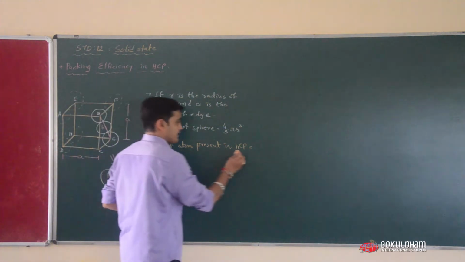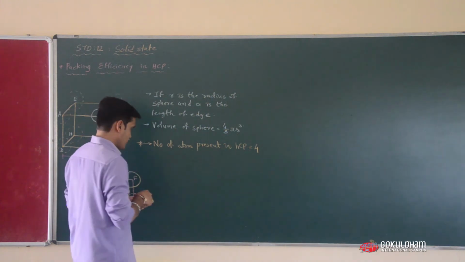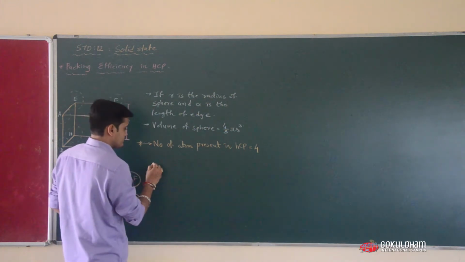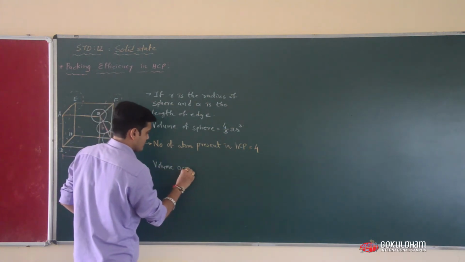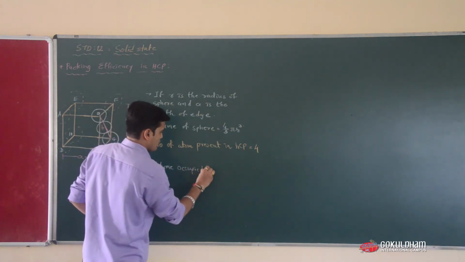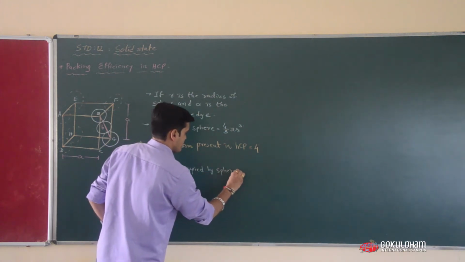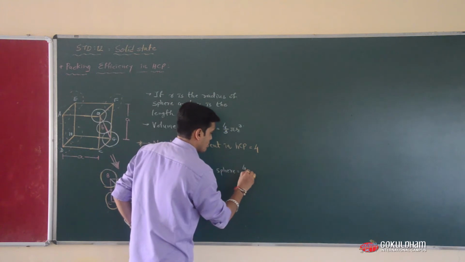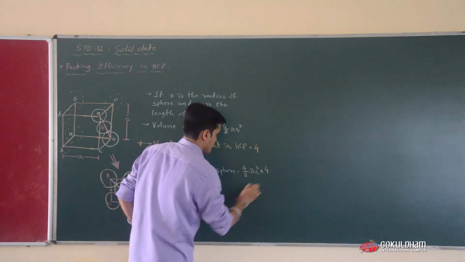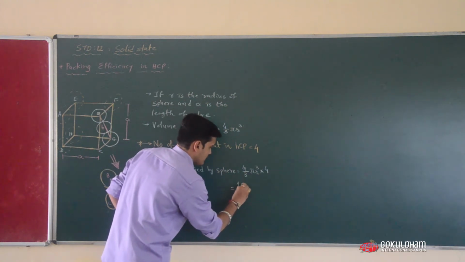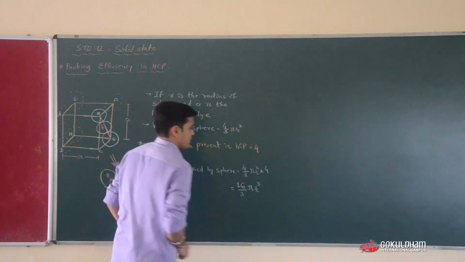So the number of atoms present in HCP is equal to 4. So we can say that the volume occupied by spheres is equal to 4 by 3 pi r cube into 4. So your answer will be 16 by 3 pi r cube.